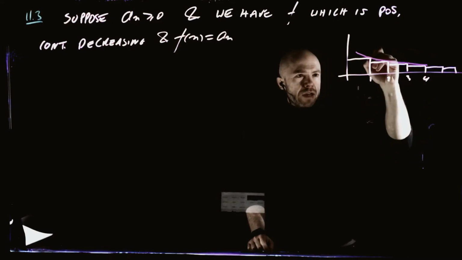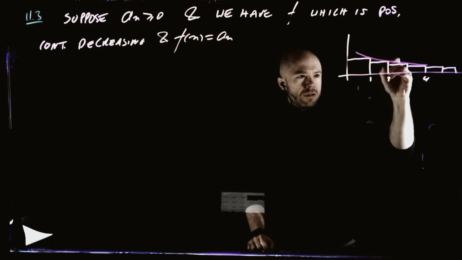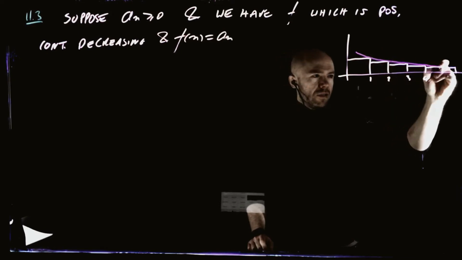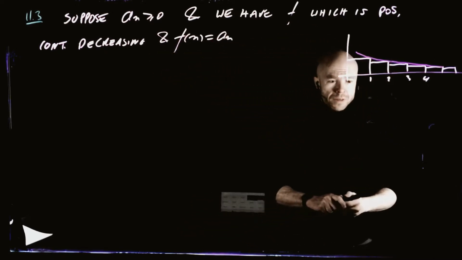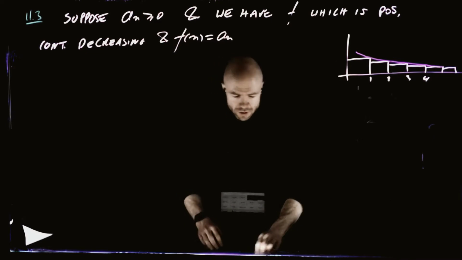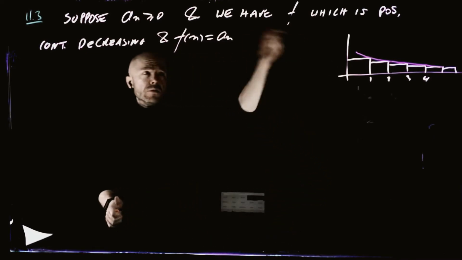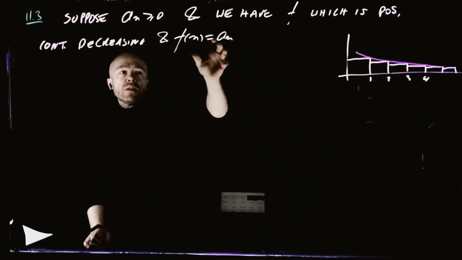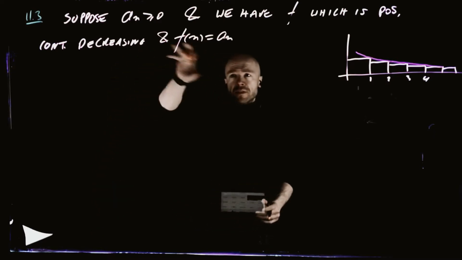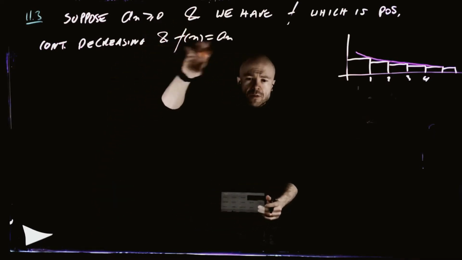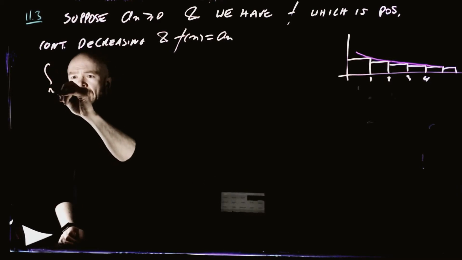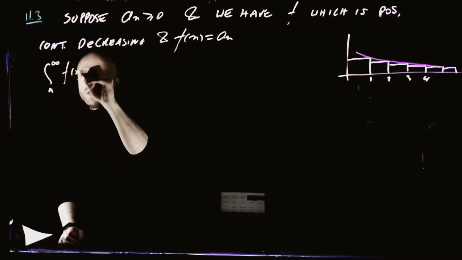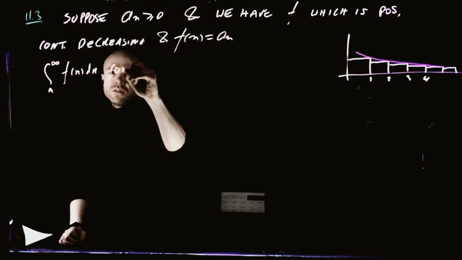Because right here we have f(1), which is right here. This is f(2), which is a_2, which is right here. So this function exactly lives on top of our blocks, right? And we know, as the statement of the integral test tells us, and I explained a bit why, that the series converges if and only if the improper integral from any number a to infinity of f of x dx converges.